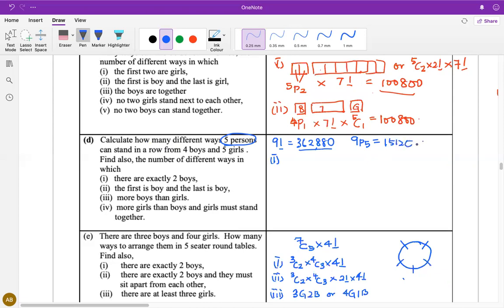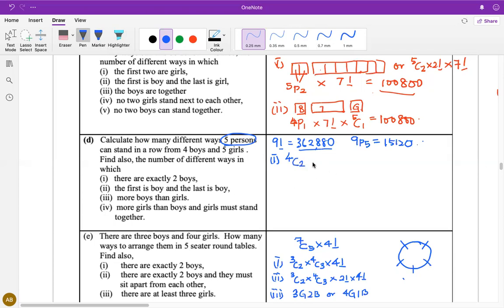Okay, all right. Then there are exactly 2 boys only. That means we have to choose, from the 4 boys, choose 2.